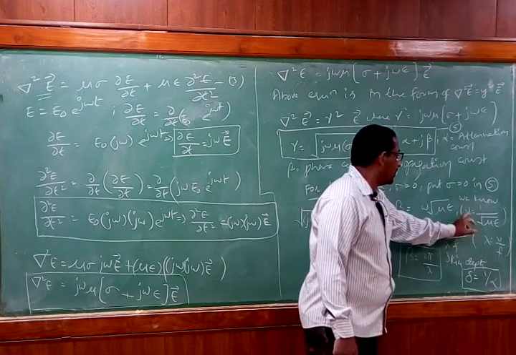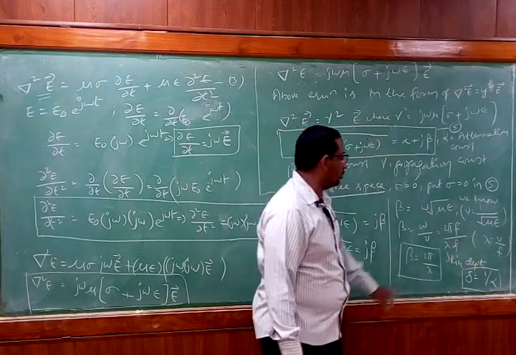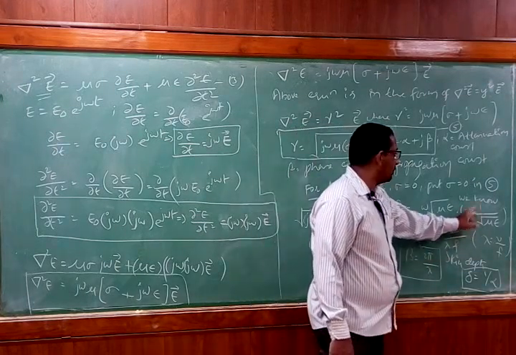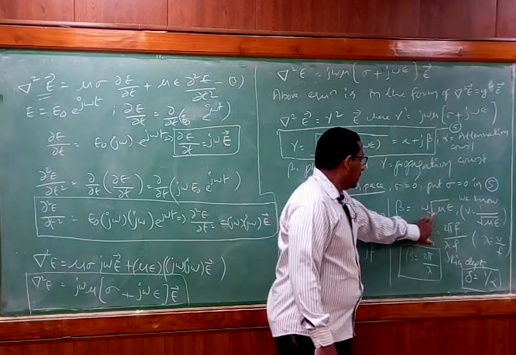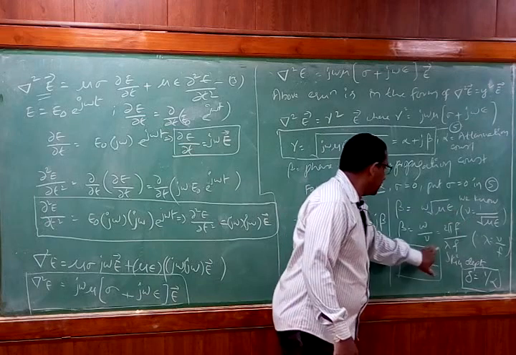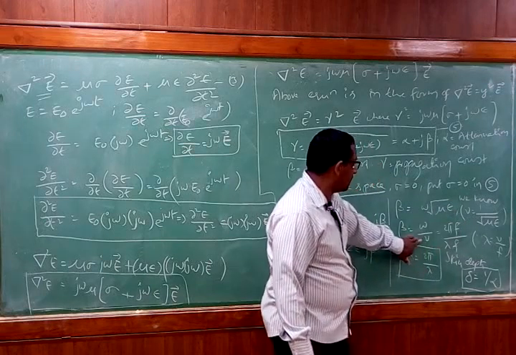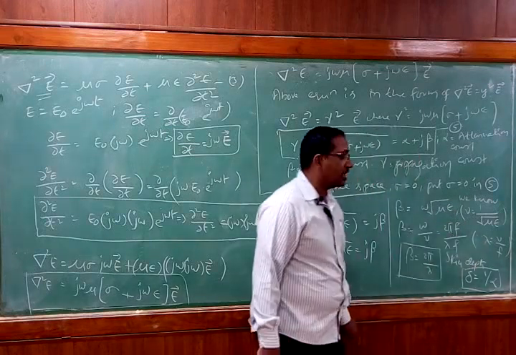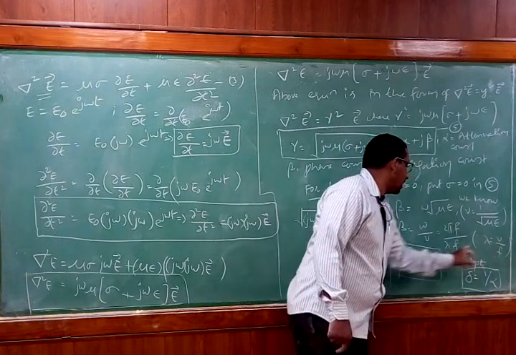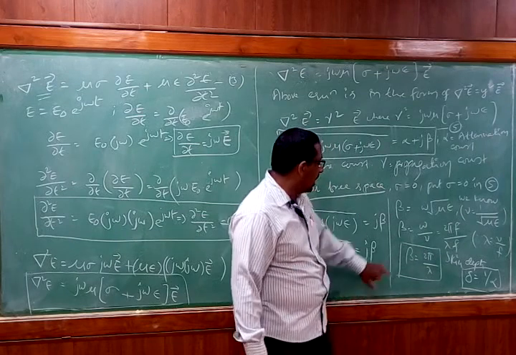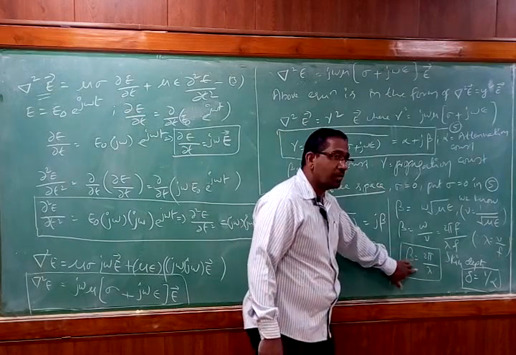What is the velocity of light equation? v is equal to 1 by under root of mu epsilon. So 1 by under root of mu epsilon I can write as 1 by v. What is v? Based on lambda equal to v by f, v equals lambda into f. f will get cancelled. Finally I will get beta equal to 2 pi by lambda.